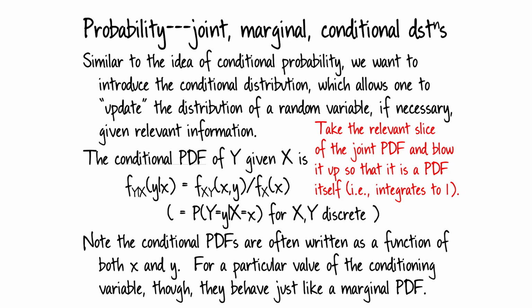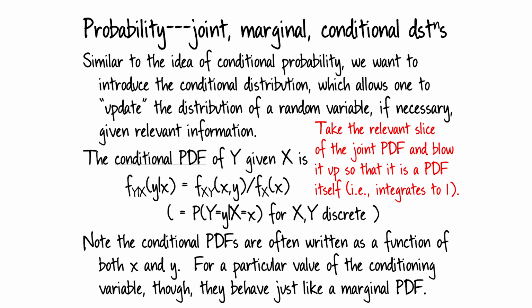So we have to blow it up. We've got to multiply it by some factor so that it integrates to 1. This is exactly how I think of this formula for a conditional PDF. We're just taking a particular slice, a particular value of x, of the joint distribution, and then blowing it up by this factor so that it integrates to 1.